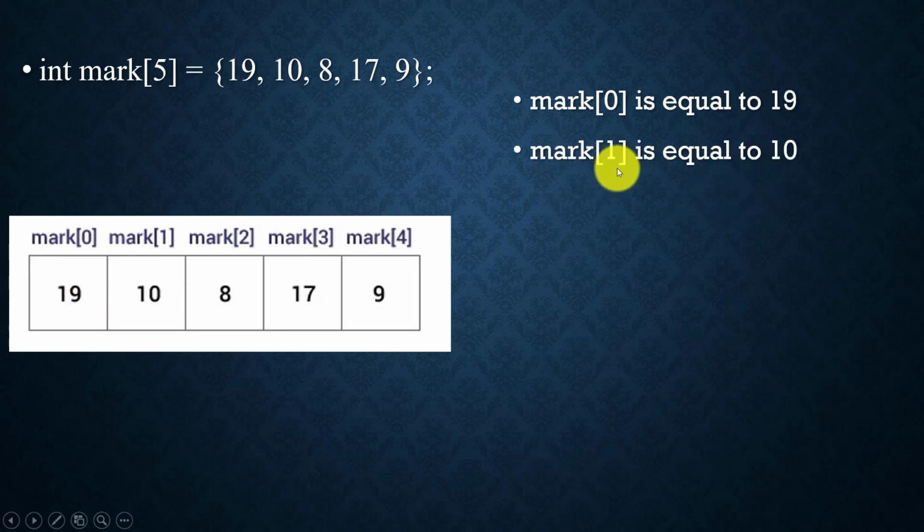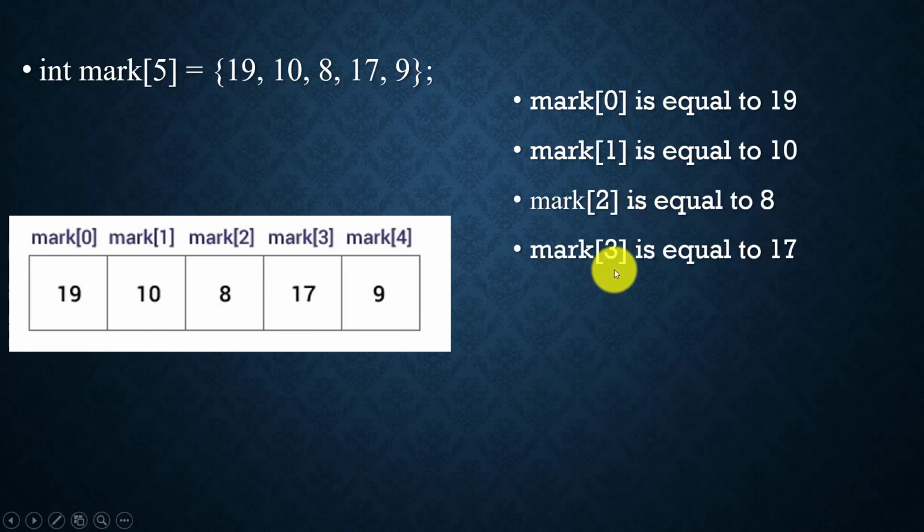The second, marks[1], is holding 10, marks[2] is holding 8, marks[3] is holding 17 and marks[4] is holding 9. That is a total of 5 elements we can accept, as we have a size of 5, but it starts with the 0 position.